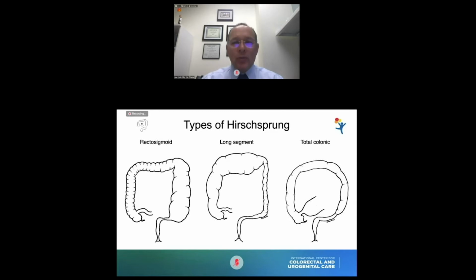The most common problems that we have seen are in the long segment, because surgeons try to do the pull-through, which is the treatment, with a segment that is very difficult to move into the pelvis. So this is the most challenging surgical treatment. And total colonic also is a common error to treat in many groups, because total colonic requires the resection of the entire colon.